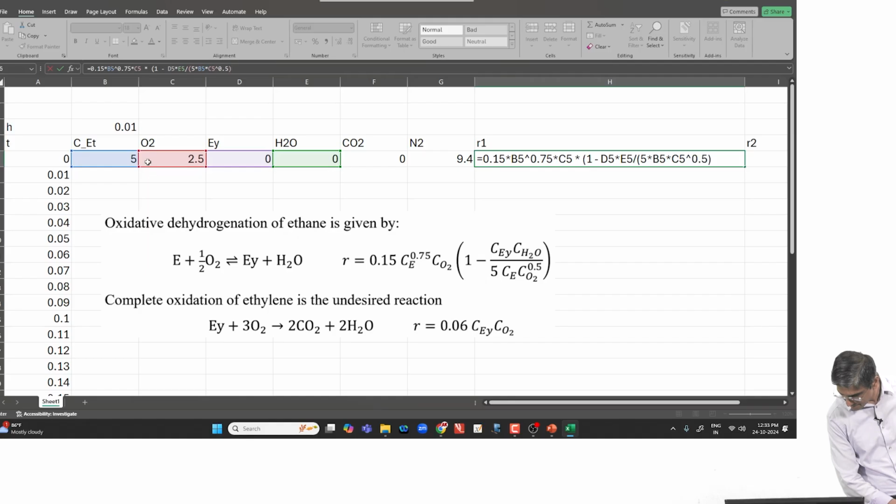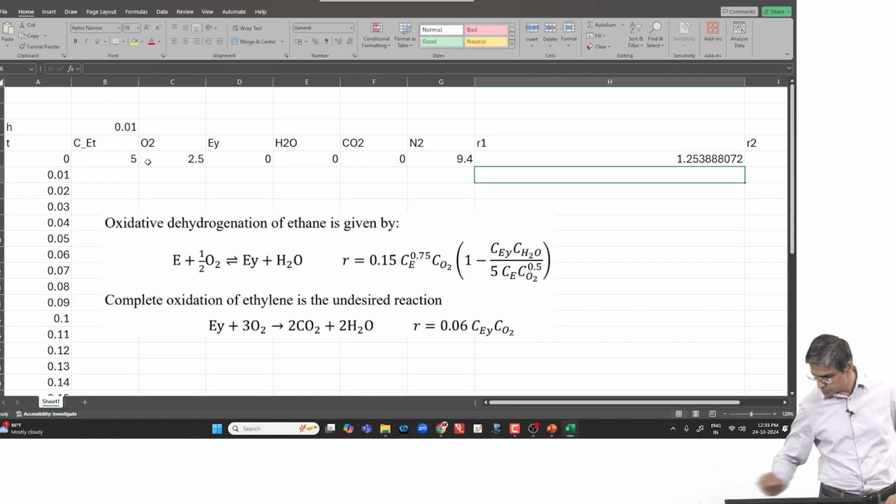So this is the reaction rate for the first reaction.